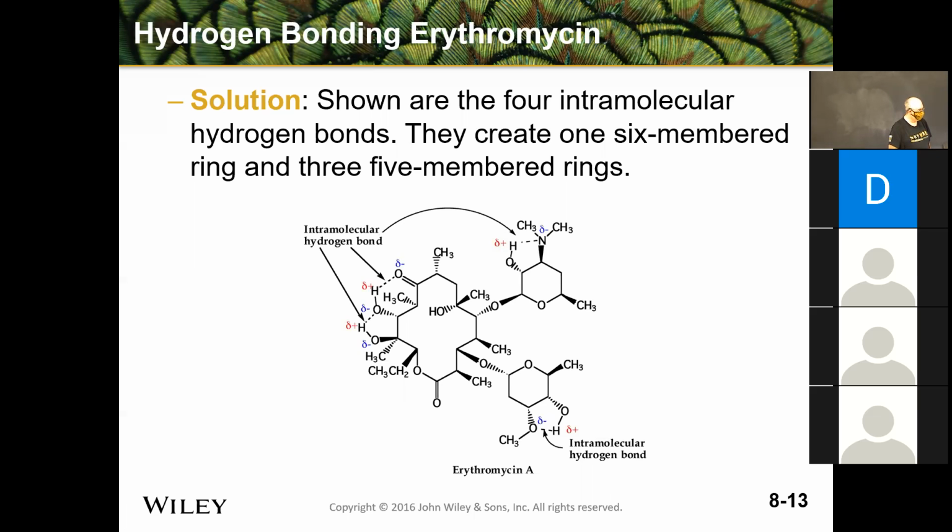And then there's 3 more intramolecular hydrogen bonds. Okay, intramolecular hydrogen bonding is very important, for example, to the shape of certain proteins. Okay, most of us are familiar with the double helix of DNA. Okay, it holds its shape through intramolecular hydrogen bonding.